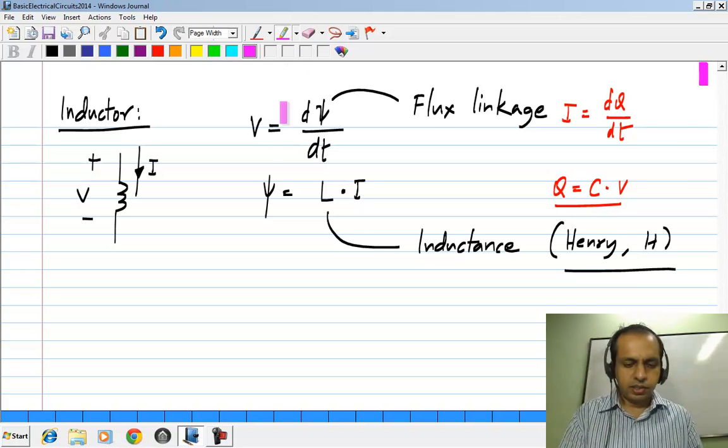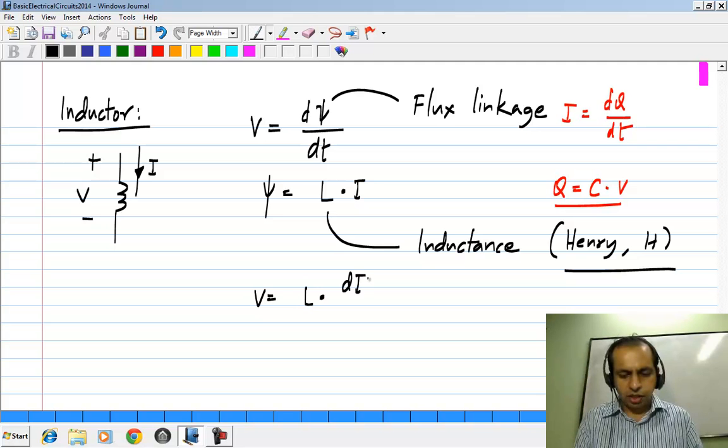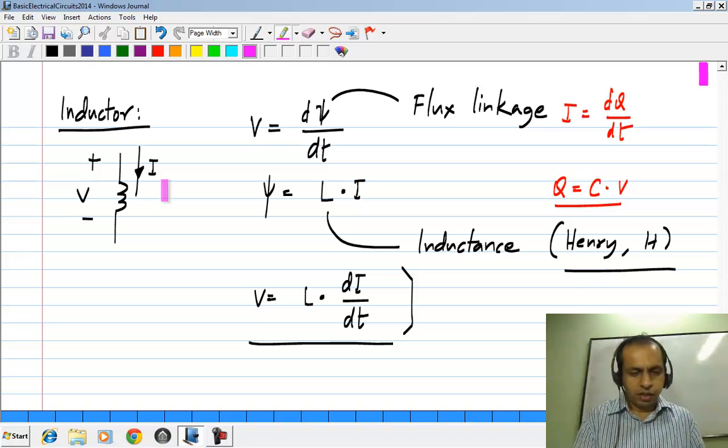So that is the relationship between V and I, and for that we can eliminate this flux linkage and get a relationship which is V is L, the inductance, times the rate of change of current. So this is the defining relationship of an inductor, where again V is defined with this polarity and I with that polarity.